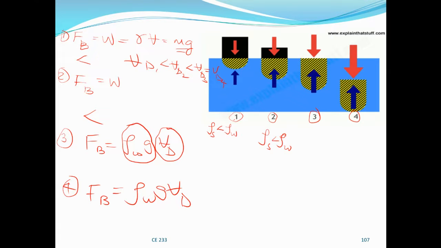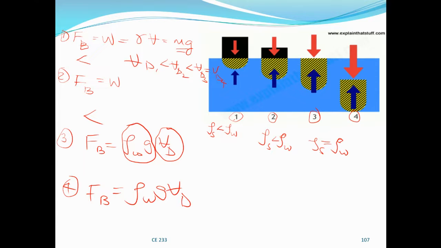When you increase more load, the density increases further up till when it will be immersed in the water. If it is completely immersed in the water, it means the density of the ship is equal to the density of water. At this point they are equal, so it will be just immersed in water.